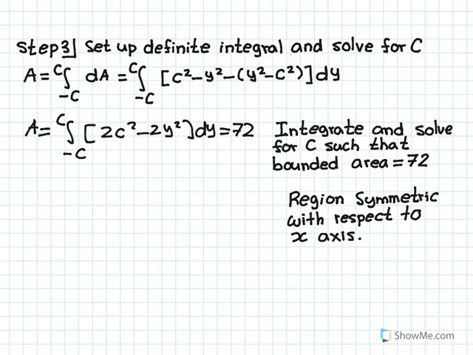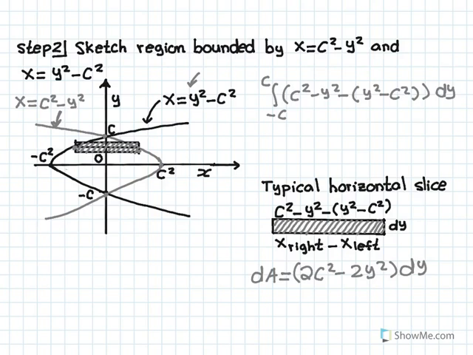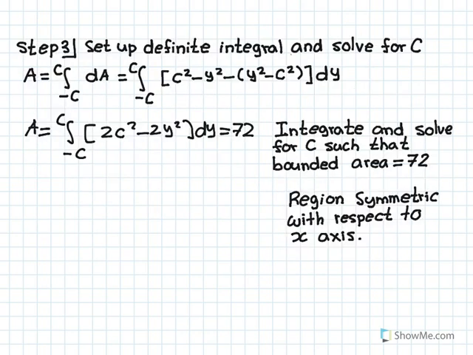Now, because the region is symmetric with respect to the x-axis, we only need half of it, and we're just going to multiply by 2. So the area is 2 times the integral from 0 to c of 2c squared minus 2y squared dy, equal to 72.